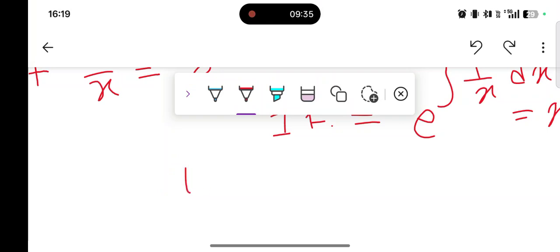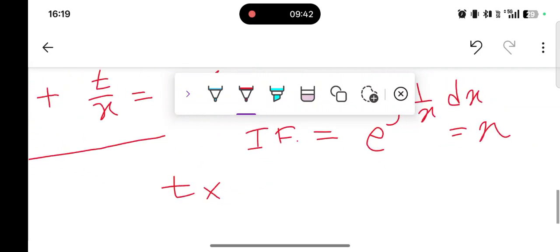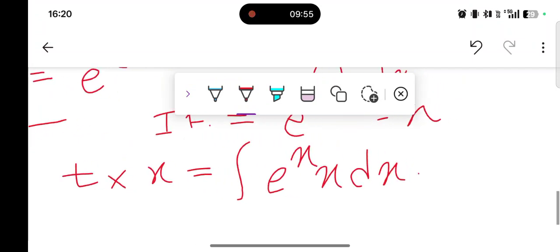Not y. Now it is t, because t is the dependent variable now. Our equation is different from our primary equation, right? So t into the integrating factor, which is x, is equal to the integral of q, which is e to the power x into dx plus c.